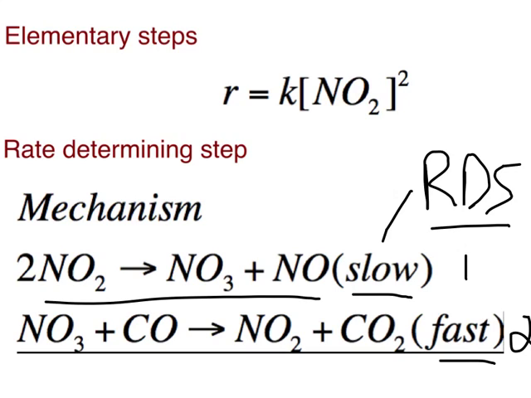Note, and this is different from overall reactions, note that in an elementary step, the coefficient signifies the exponent in the rate equation. That's only for elementary steps. That does not, repeat, not apply to the overall reaction like in previous questions that we've been working on.